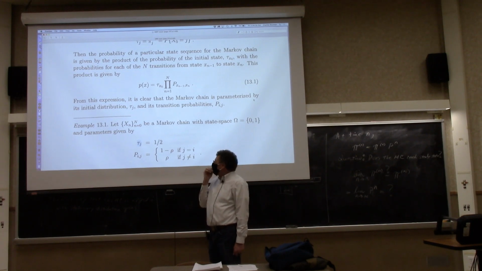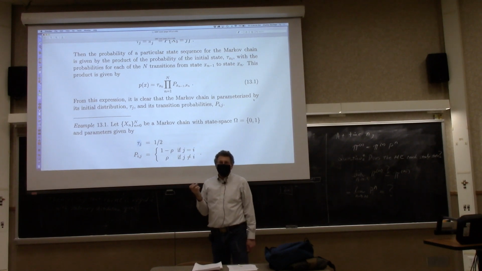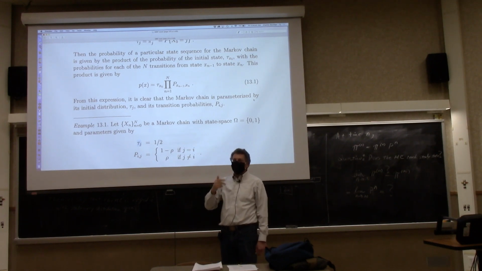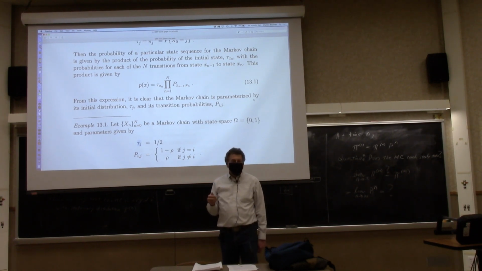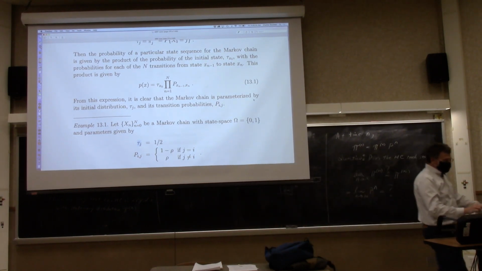Now, the intuition is usually that rho is small. So if rho is small, most of the time you stay in the same state, and every once in a while, at a random time, you switch. Okay, so that's what this looks like.